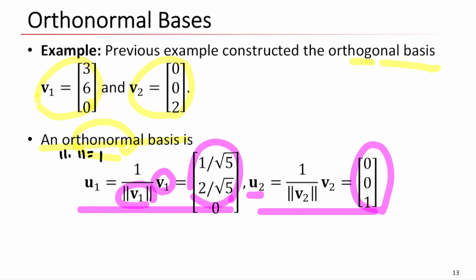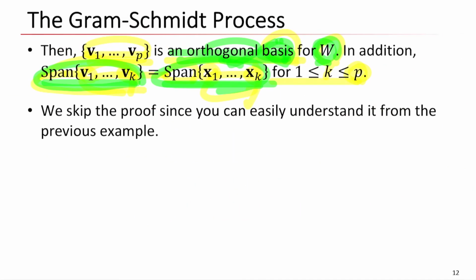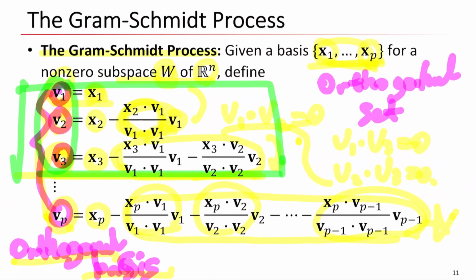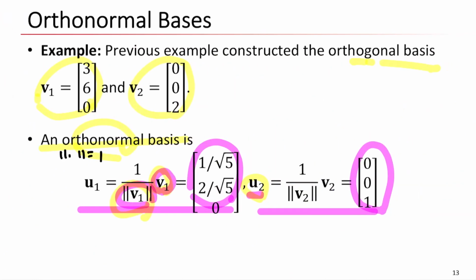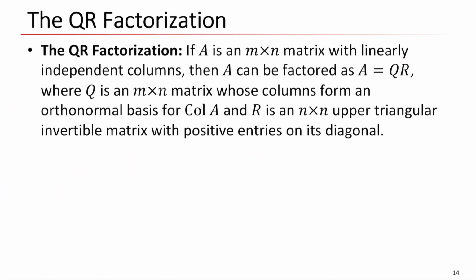So by just normalizing each vector computed here, we can get the orthonormal basis, right? So in other words, if we find the orthogonal basis by using the Gram-Schmidt process, then we can easily compute the orthonormal basis by normalizing them, right? So yeah, okay.